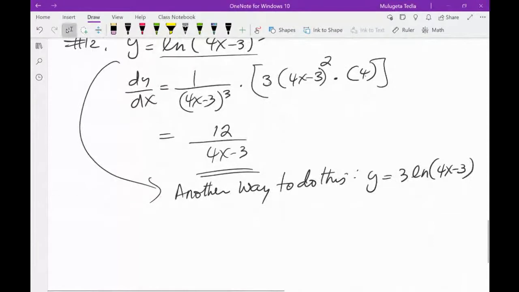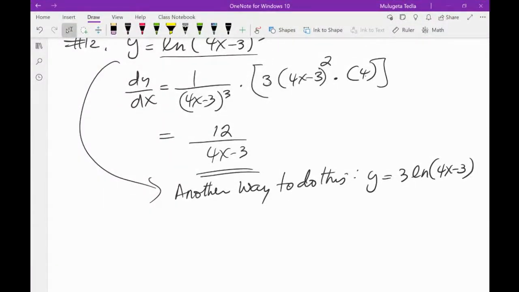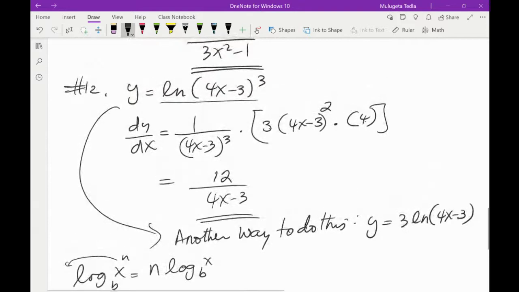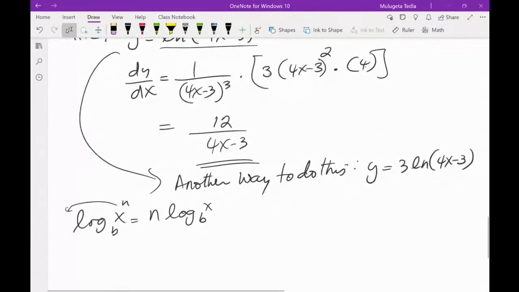Yes, remember, log of x to the n, the base b, is n log of x to the base b. See, you can bring the n up front. So therefore, I'm bringing the 3 up front. I am not even finding the derivative yet. That is before I find it. That's the property of logarithms.